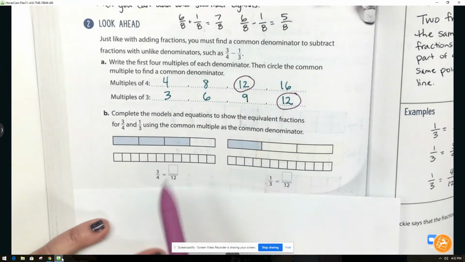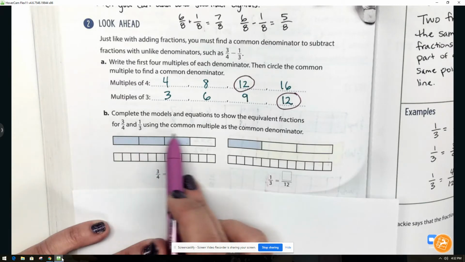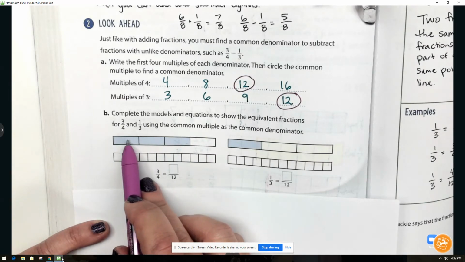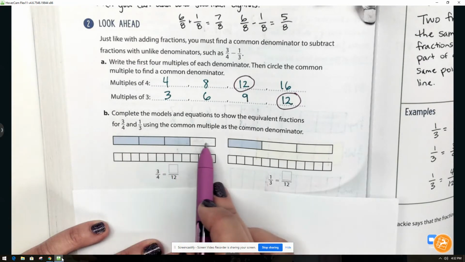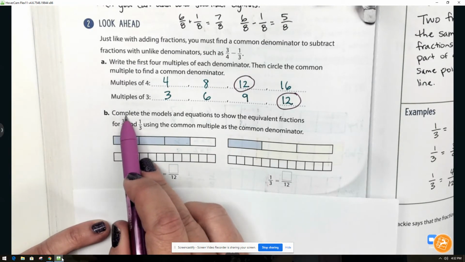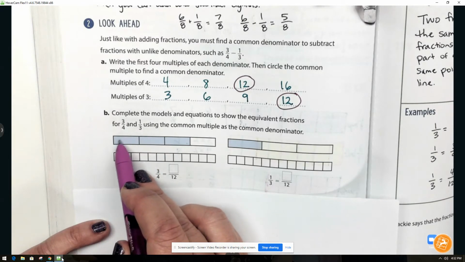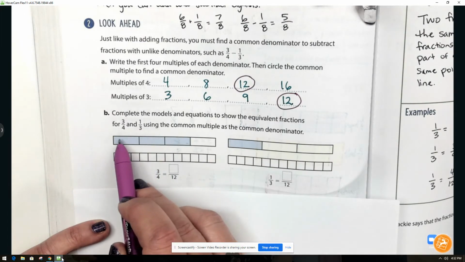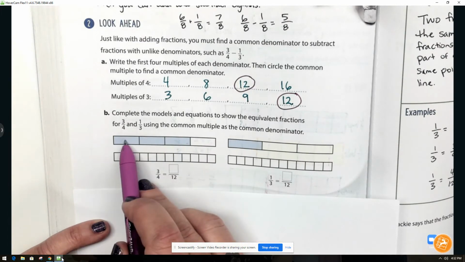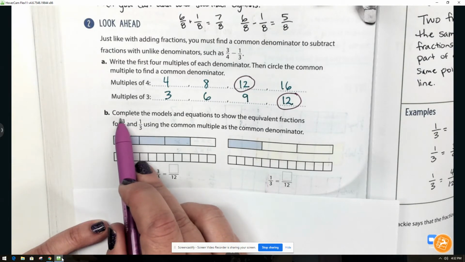So here we see that we started with 3/4. This whole bar is broken into 4 sections because our denominator says there are 4 parts. 1, 2, 3, 4. Our numerator tells us how many of those parts we're going to shade in. So we're shading in 1, 2, 3. So this bar model shows us 3/4.